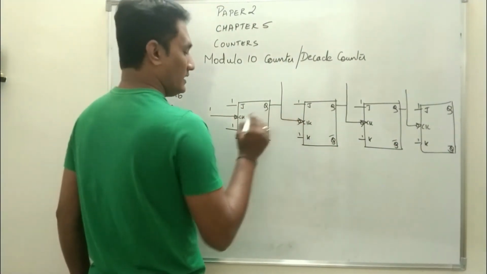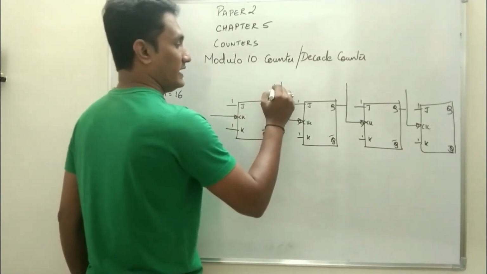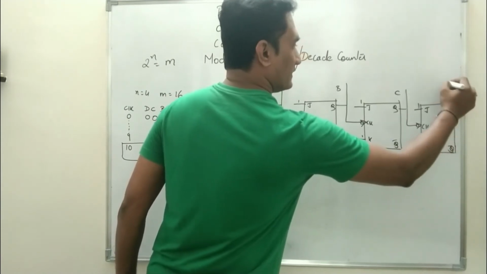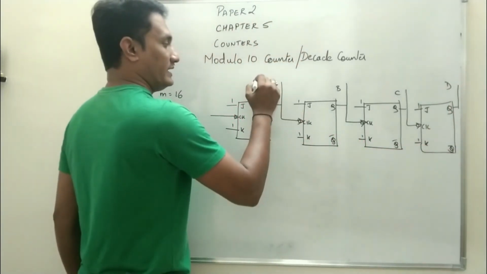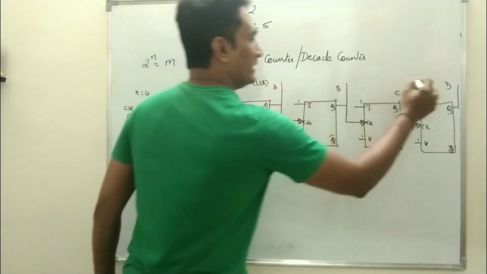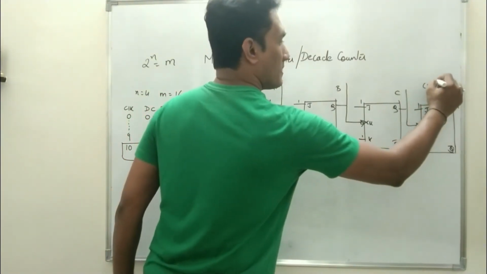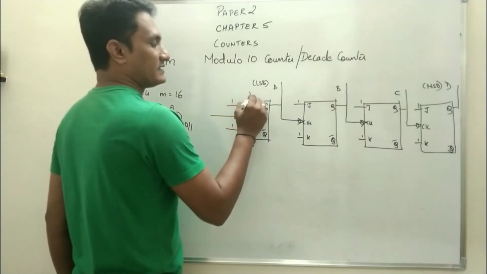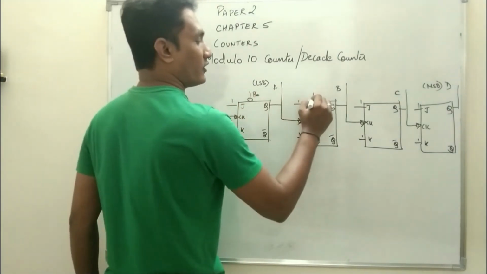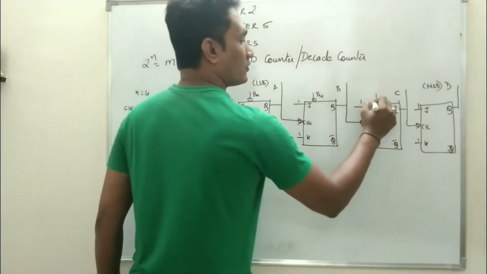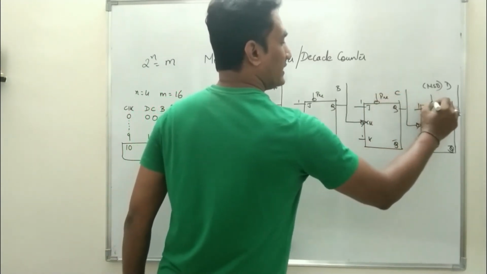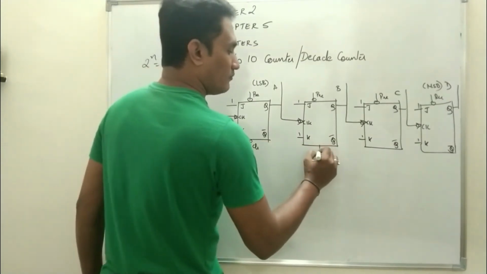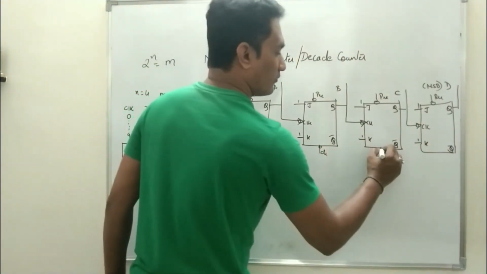This is first, this is A, this is B, this is C, and this is D, where A is LSB and D is MSB. So the circuit is similar to what we have designed for a 4-bit asynchronous counter, 4-bit binary counter, 4-bit ripple counter, modulo 16 counter, or mod 16 counter.